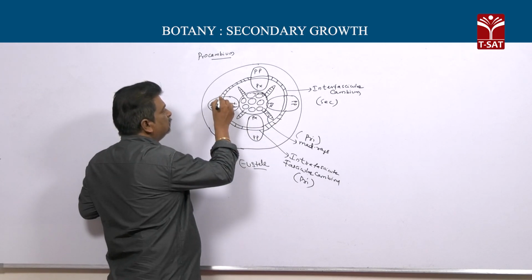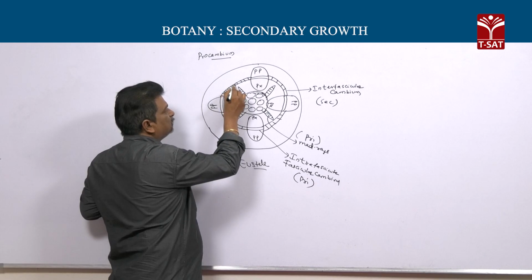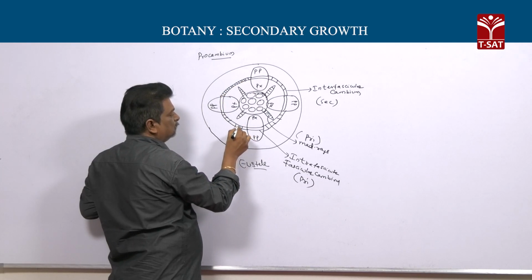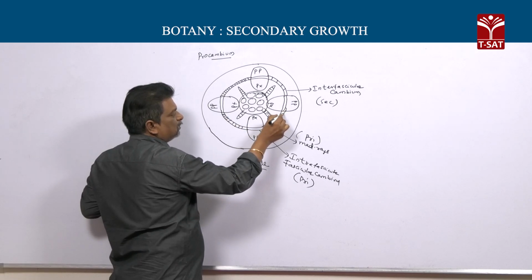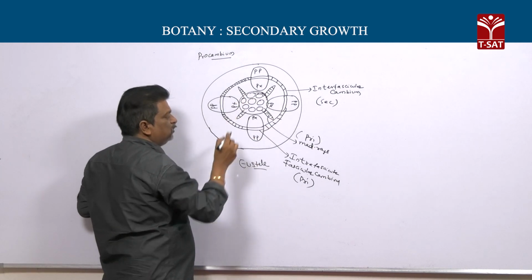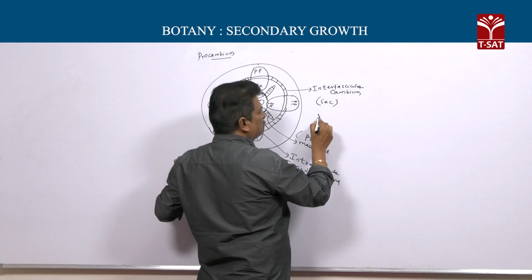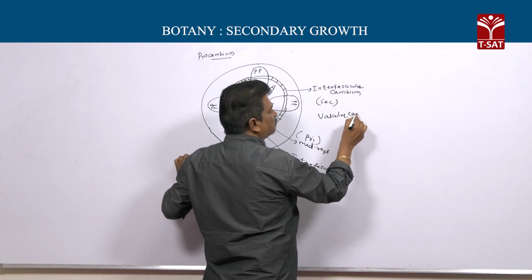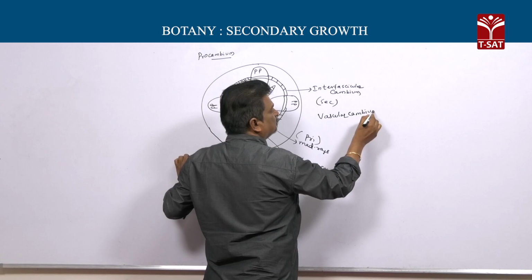Then this interfascicular cambial strip joins with the intrafascicular strips and forms a new cambial ring. That new cambial ring is called vascular cambium.